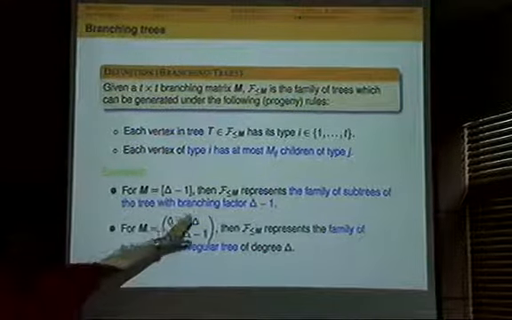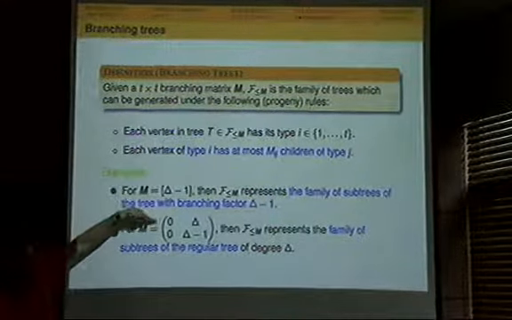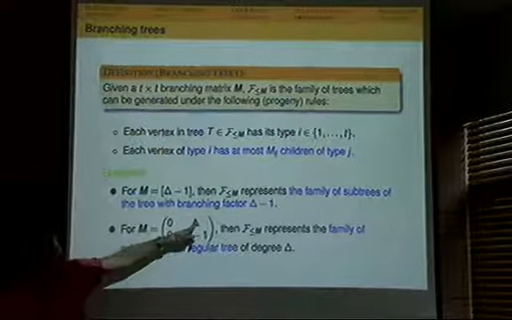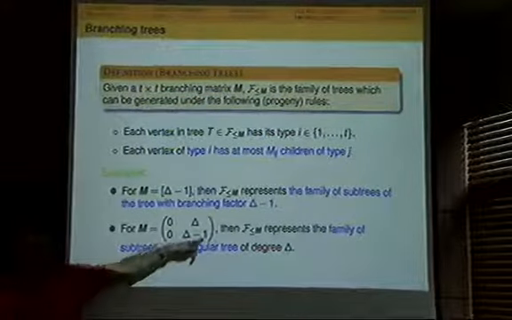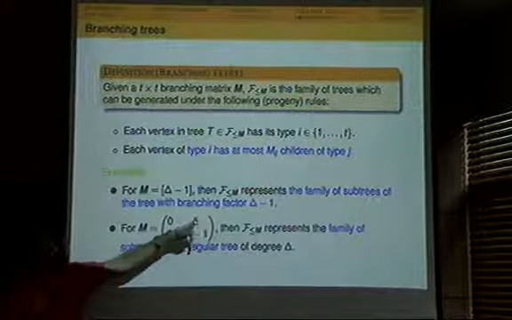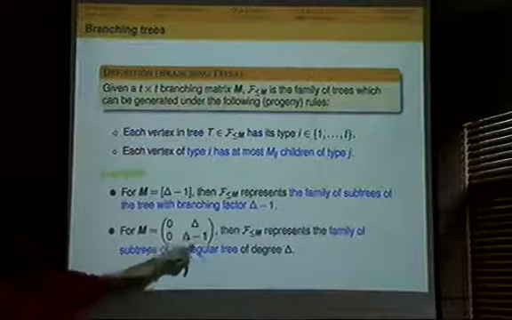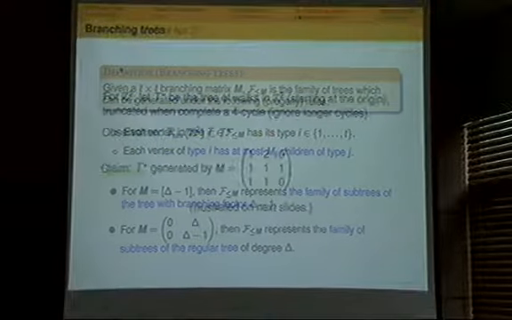I take this slightly more complicated one, and then I can have the root be of type 1, and then I get delta children of type 2, and then I can start to have branching factor. So then I get trees of degree delta, because the root can have branching delta, and then everybody else has branching delta minus 1. Okay, so those are two simple examples.